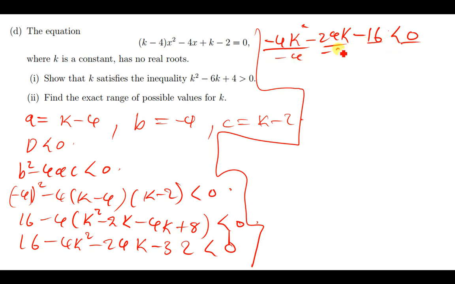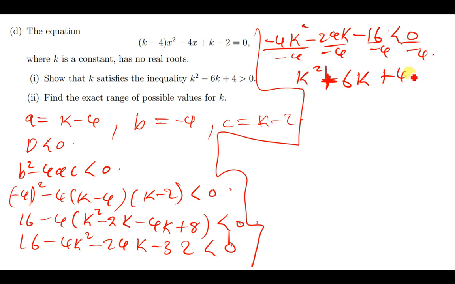Here we're remaining with k squared, then positive 6k, and then positive 4.